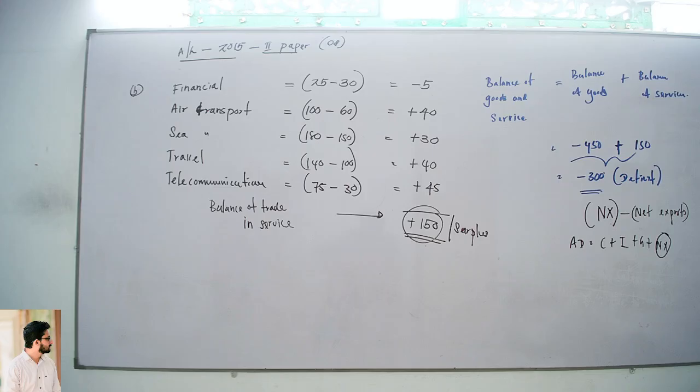Because you can't add debit entries of merchandise goods and non-monetary gold, they are totally different. Non-monetary gold is a separate item in the trade in goods account. So adding them together makes us a bit confused. Did you get what I said?